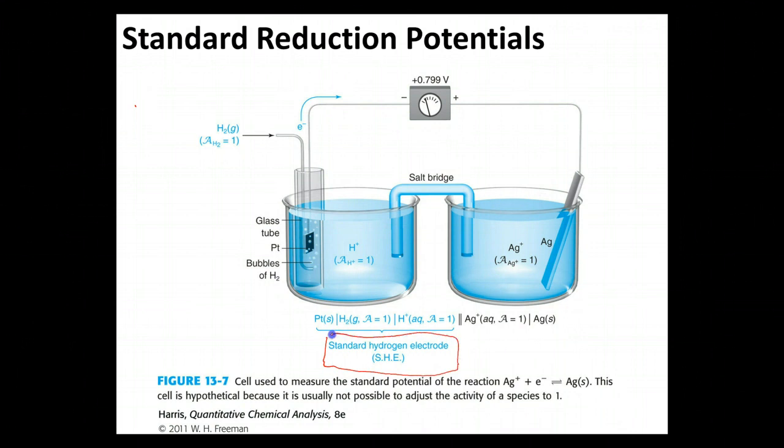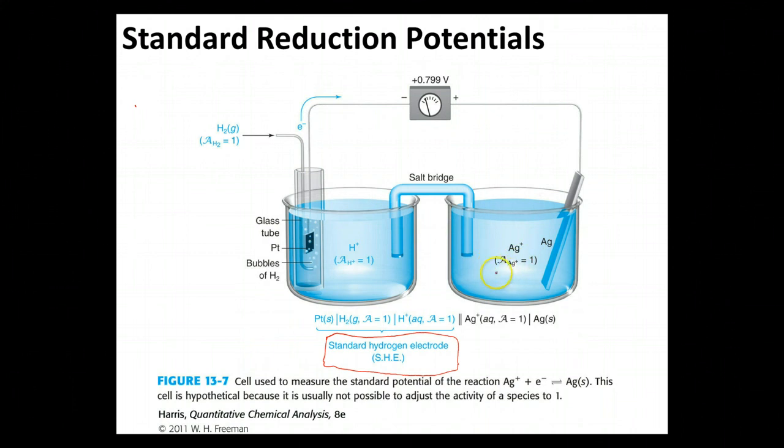So, okay, maybe there is a little bit of an issue using this standard setup over here. Well, it was one of our first ones we set up experimentally, and it does a nice reproducible job. It doesn't take a whole lot of experimental skill to build this thing, and so this became a standard. This is the standard hydrogen electrode. Now what we did is we decided it would be great to actually measure just about everything under the sun against this electrode under some standard conditions.